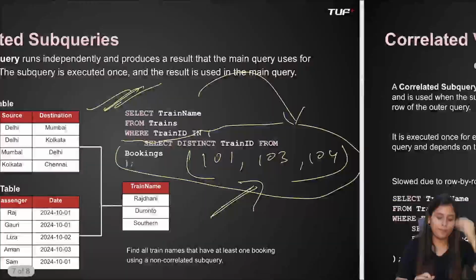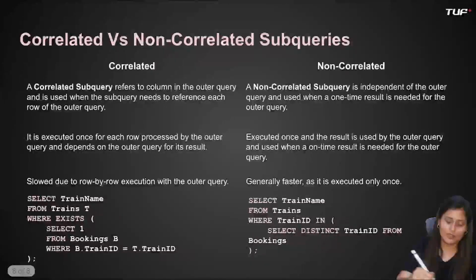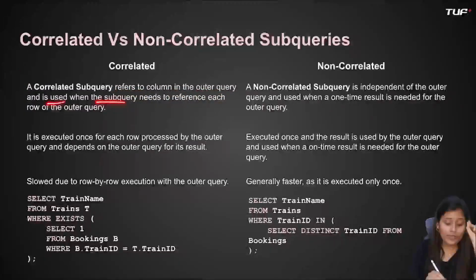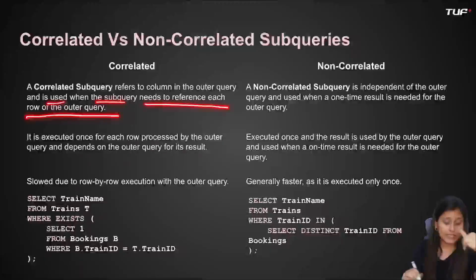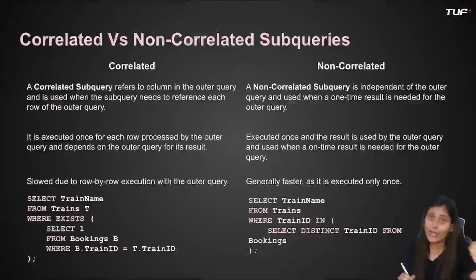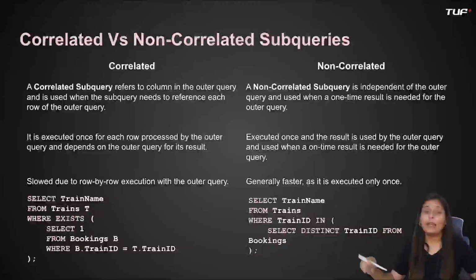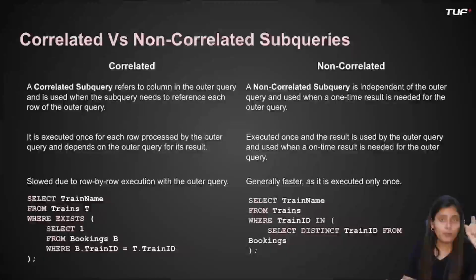And now let's see the exact difference between these. A correlated subquery refers to columns in the outer query and is used when the subquery needs to reference each row of the outer query. So whenever it needs to reference the whole row, the condition will be applied on some column, and the subquery runs for each row of the outer query.